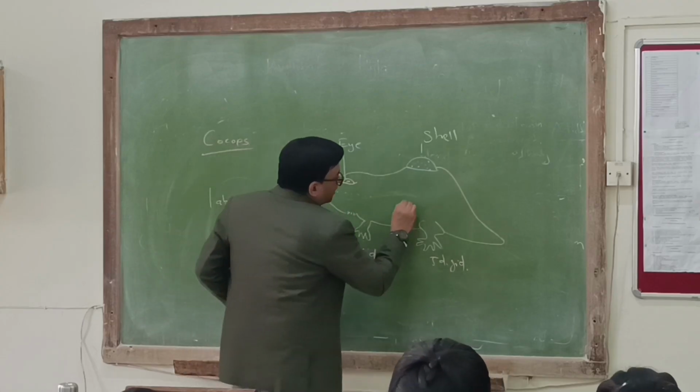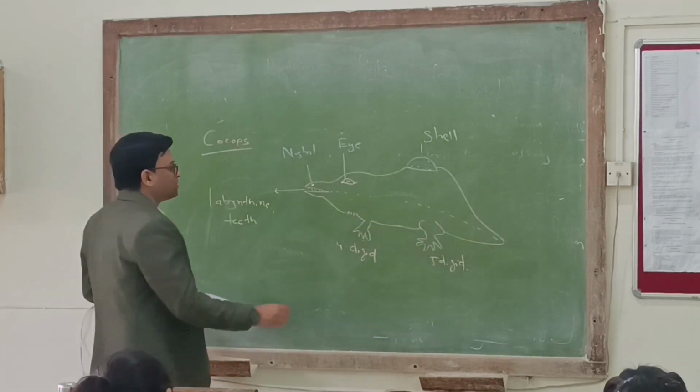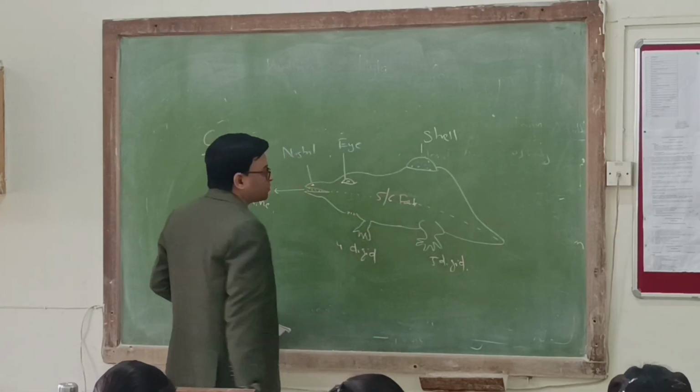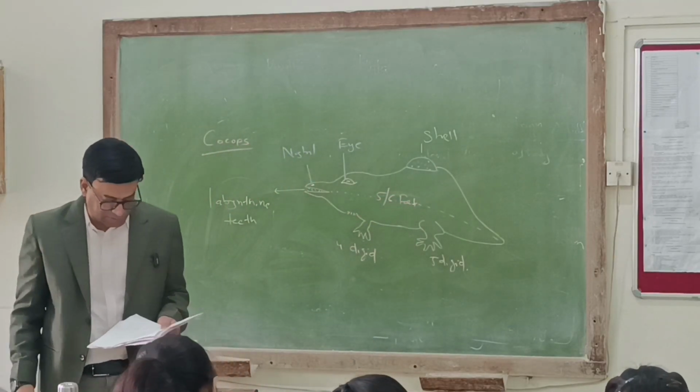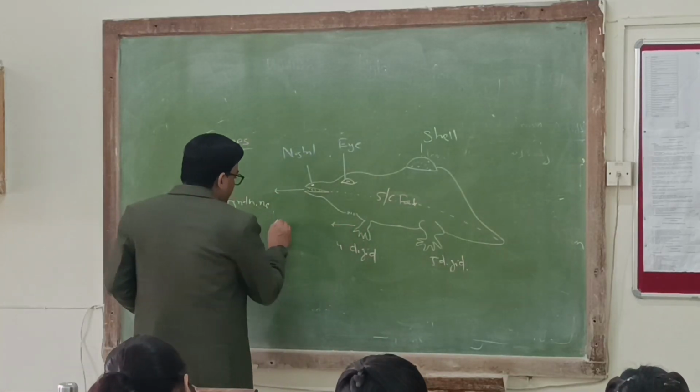Huge amphibians, frog-like amphibians, Cacops having a size of 5 to 6 feet. Top carnivore, top predators with heavy limbs. These limbs are heavy.